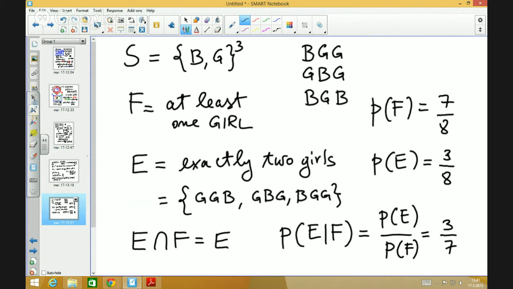Why doesn't it give me the same solution if I remove that one, and I want to find exactly 1 girl in the other 2? But there are 3 possible positions where the girl can be.